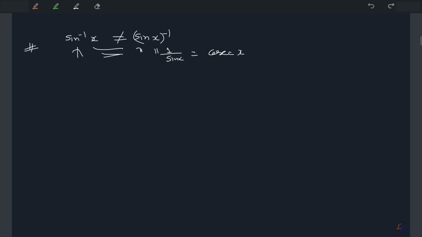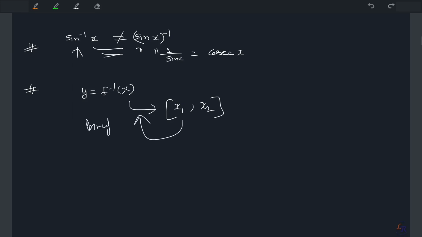The other important point is that the value of an inverse trigonometric function which lies in its principal value branch is called the principal value. So for any function, let's say y is equal to f inverse x, if the principal value branch is between x1 and x2, the values would be called principal values. For example, we just saw between minus pi by 2 and pi by 2, or 0 to pi, or whatever.